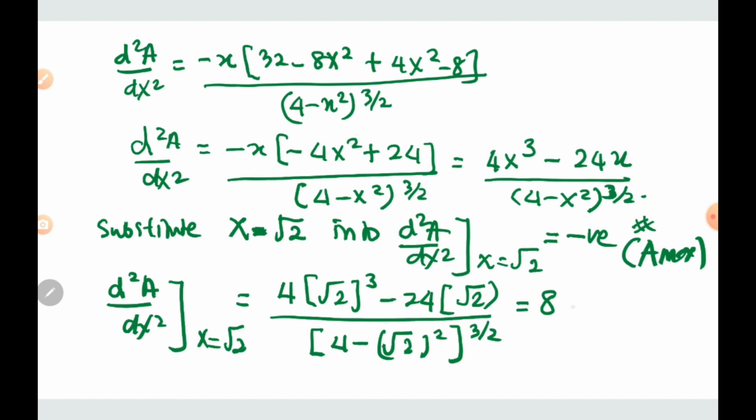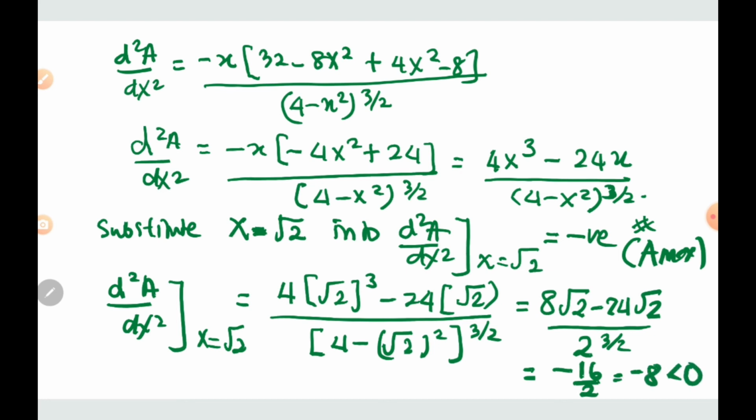We will get 8√2 minus 24√2 over 2 to the power of 3/2. 8√2 minus 24√2, the answer is negative 16 over 2, or you can write as negative 8, that is less than 0.